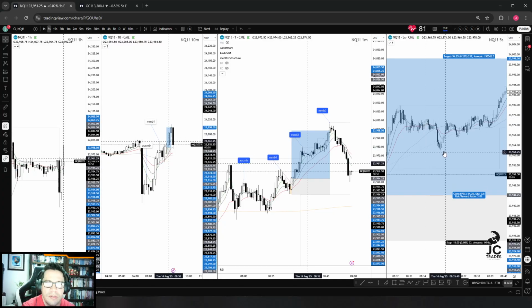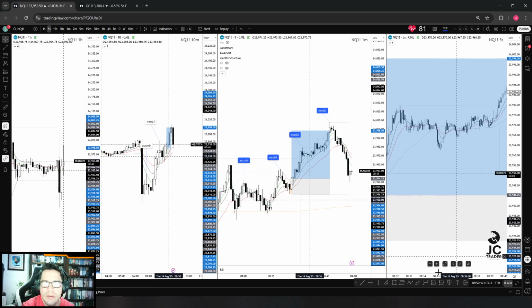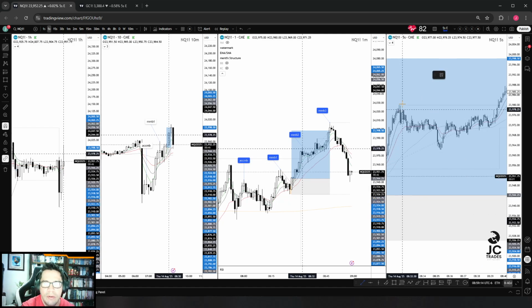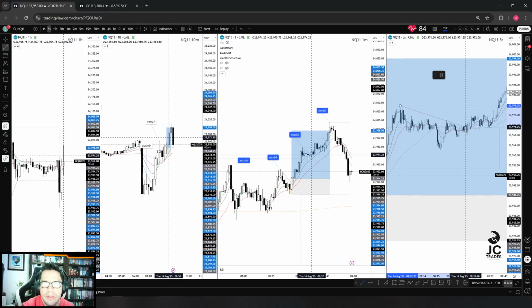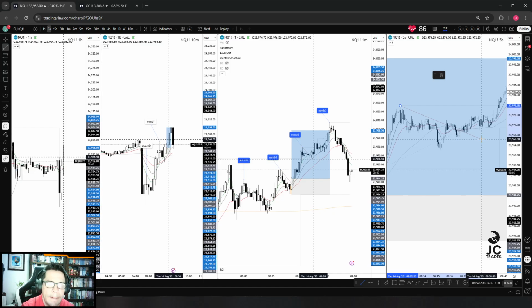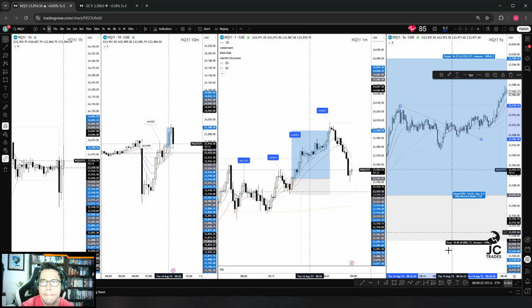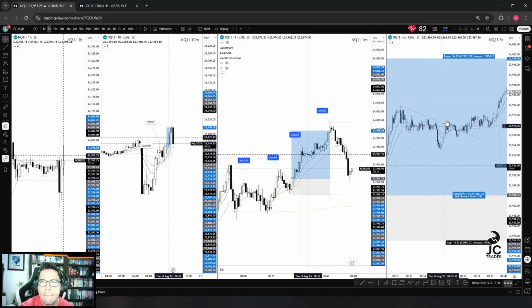that came into the 20, so the containment line would have been this one here, and out of there we had an MMB1 and MMB2.